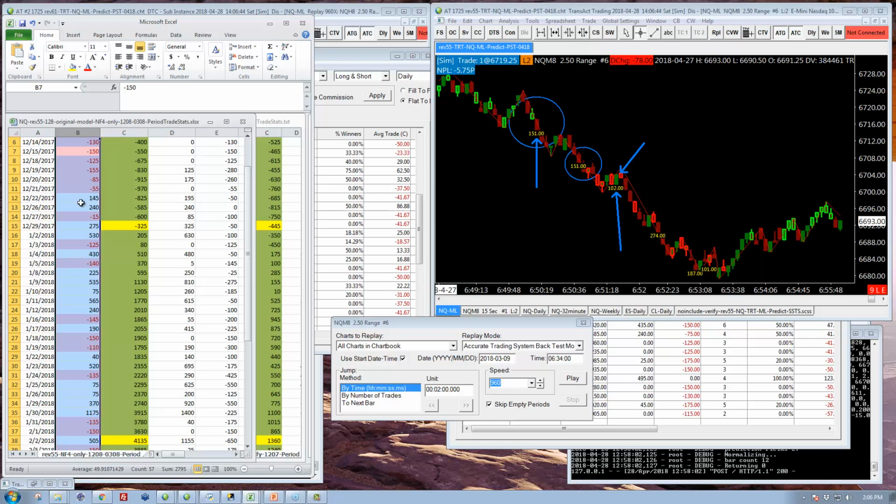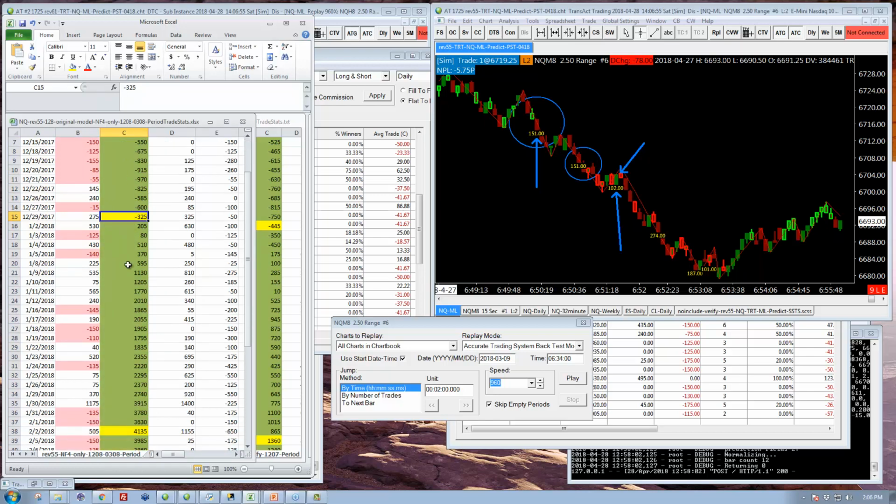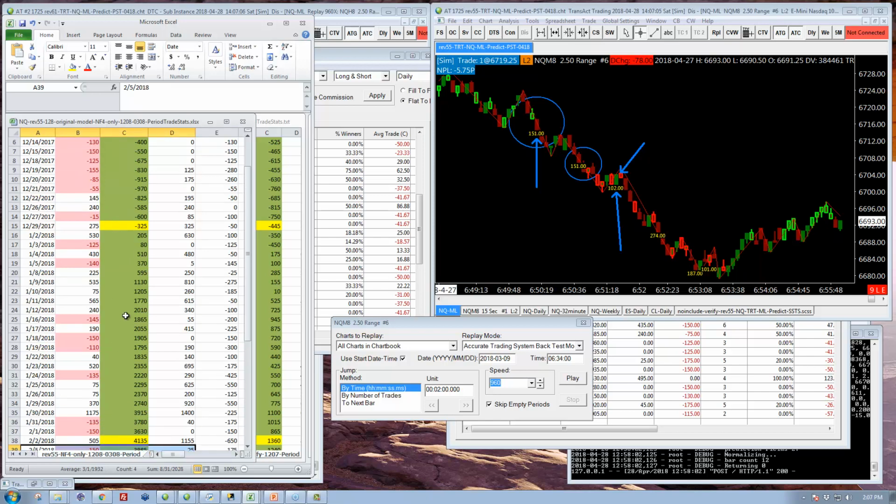And what that shows is the running P&L in column C here. It shows that December was a tough month. And then you kill it in January through the 2nd. And we stop at the 2nd because after this is when it just got crazy, and we use a different model here. So this is our baseline from which to compare. You have to be able to beat that or be better in some way.